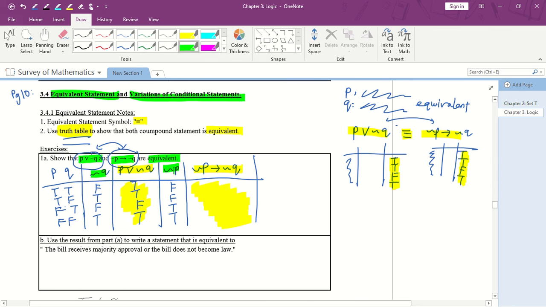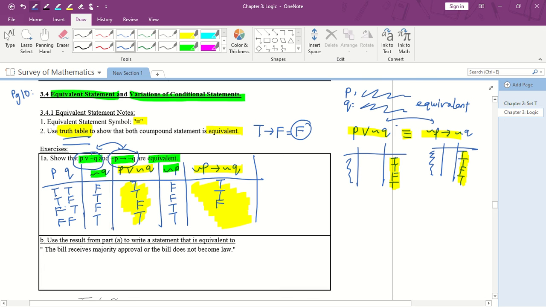We need to look from here first, then we go to negation Q. Remember, when it comes to conditional, when it goes from true to false, you get false. The others will be true. So let's look here. True, false to false will be true. False to true will be true. True to false will be false.